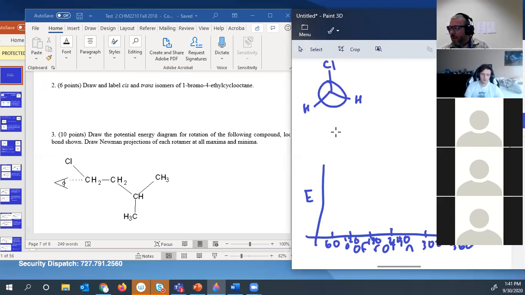And then at the back, we'll have 2 hydrogens and an isopropyl group. So that's what I should be drawing. That would be anti, and that would be down here on the energy diagram, labeled anti at 0.